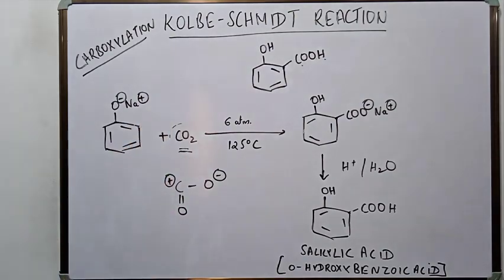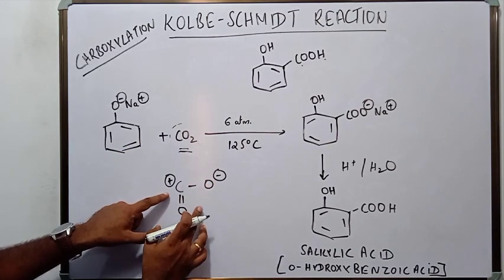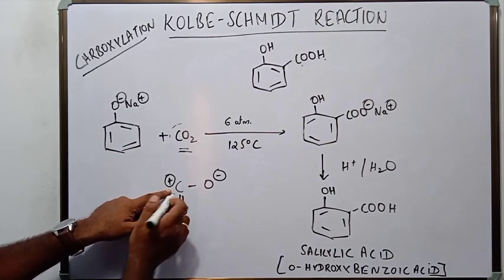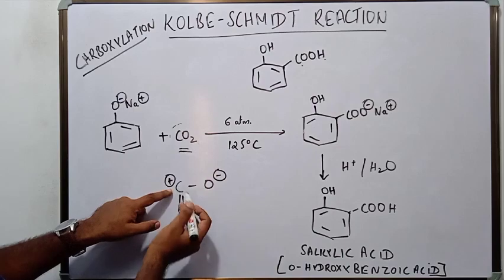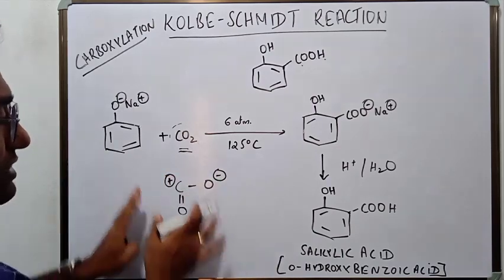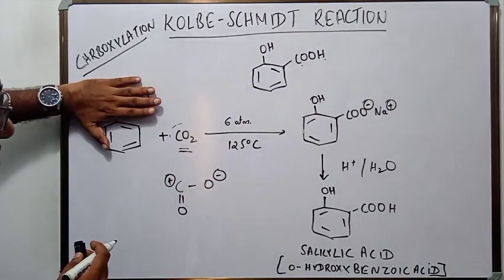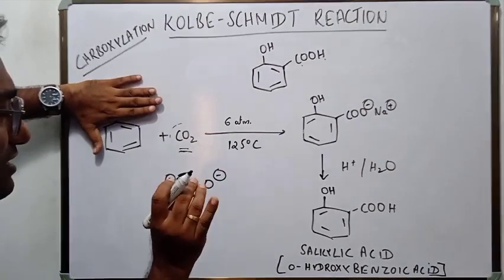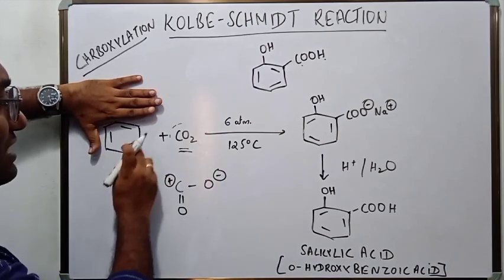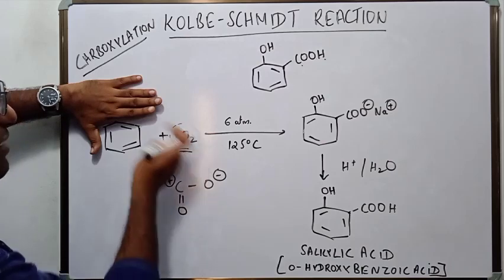The third point, which is the most important of all, is to look at the carbon dioxide structure. The positive sign is on this carbon atom, so it acts as a weak electrophile and thereby attacks the benzene ring. But had it been only a benzene ring, it would not have attacked, because the benzene ring does not have sufficient electron density to attract carbon dioxide.